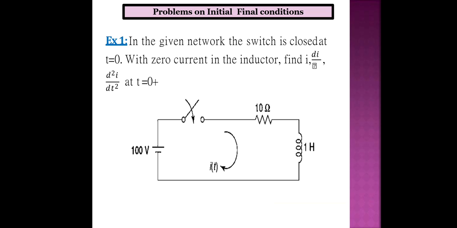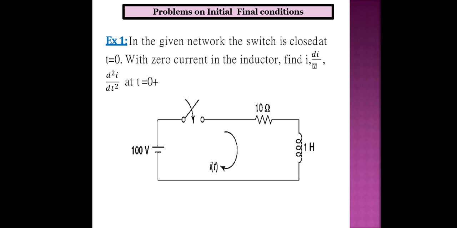Find I, di by dt, and d square I by dt square at t equal to 0 plus. First we have to observe what they are asking: with zero current in the inductor at t equal to 0, find the I value, di by dt value, and d square I by dt square value at t equal to 0 plus, just after switching.